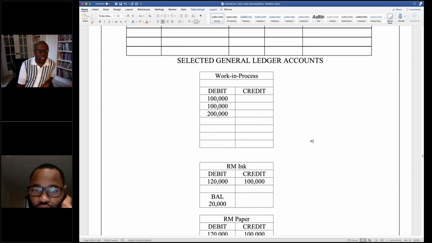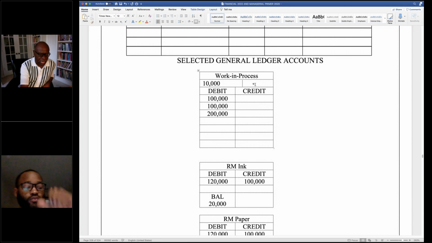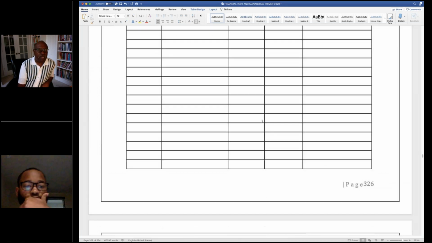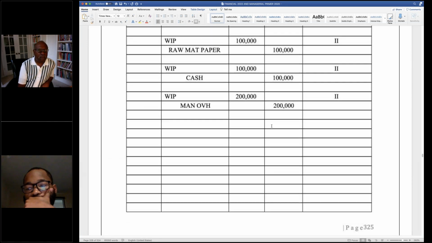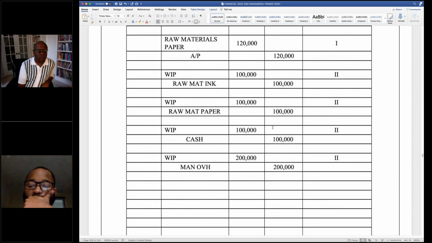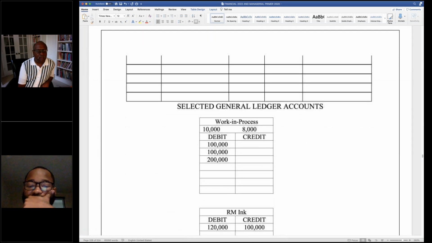So what are we saying here? If we go to the T account, we transferred the cost in based on 10,000 books being completed. But in actuality, only 8,000 books were completed. Did I put my manufacturing overhead in here? I missed one of the 100s, I think.